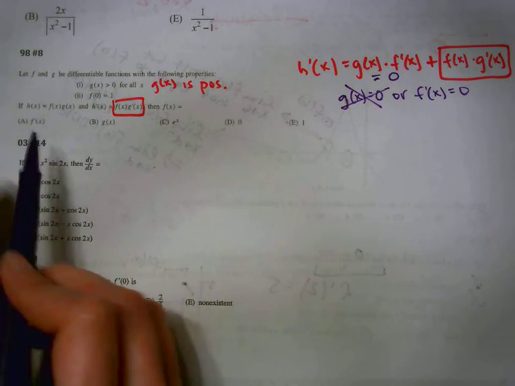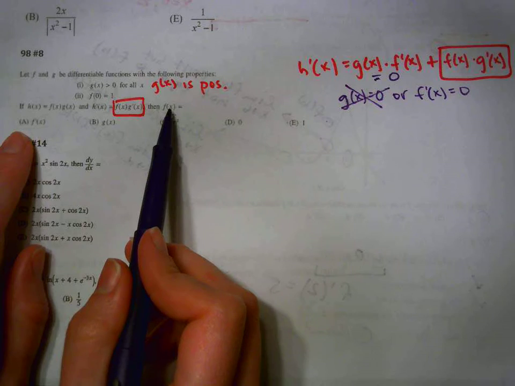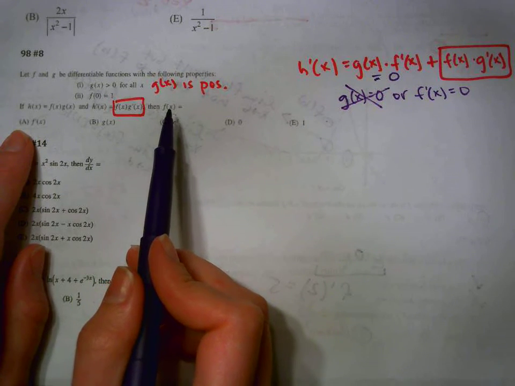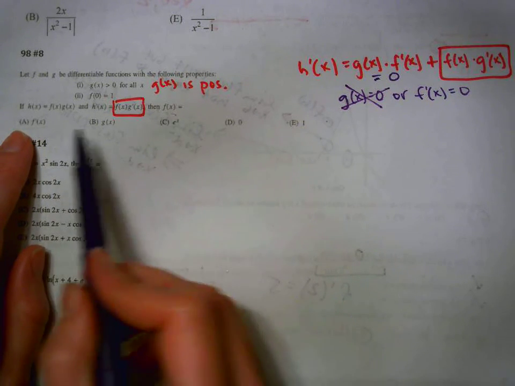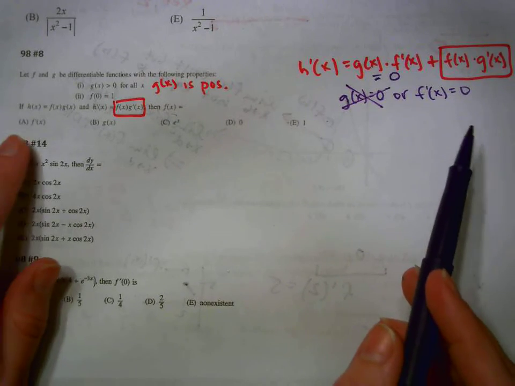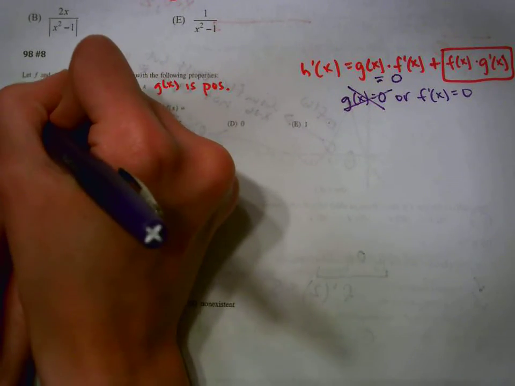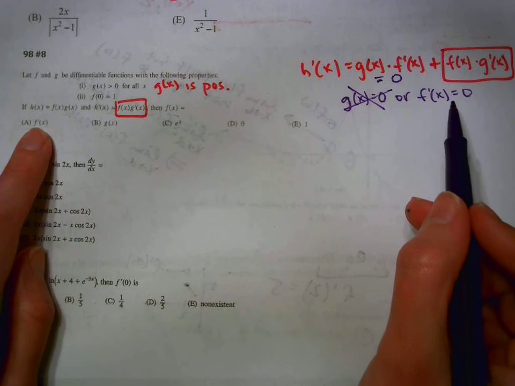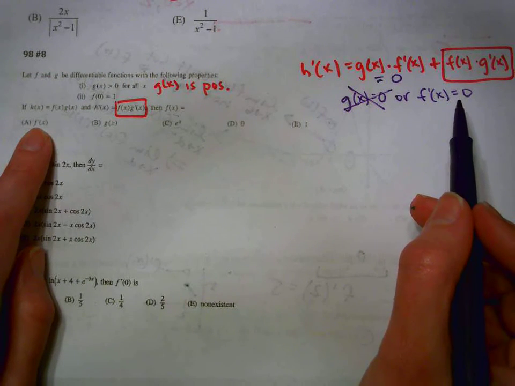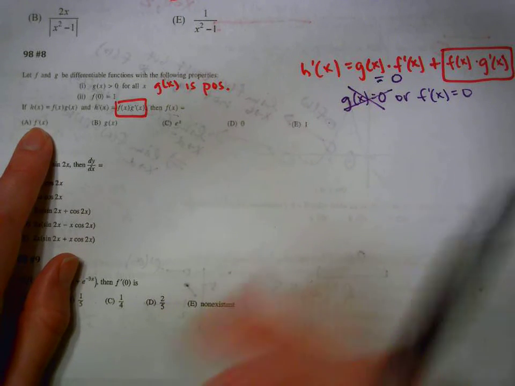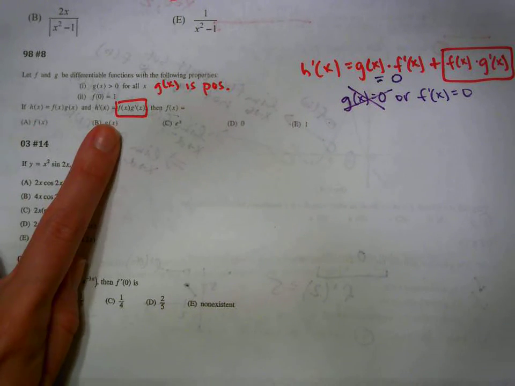So if we go to these answer choices, it's saying which one of these options is the original f. Well, think about which one of these will f prime be 0. If f is f prime, we don't know that if you take the derivative of f prime, then it's going to be 0. That doesn't necessarily mean it's 0.